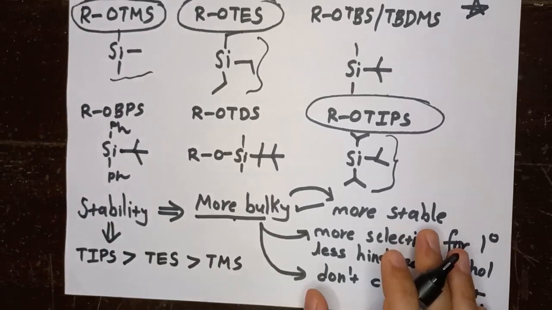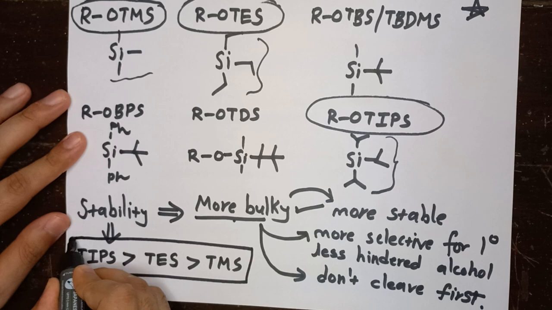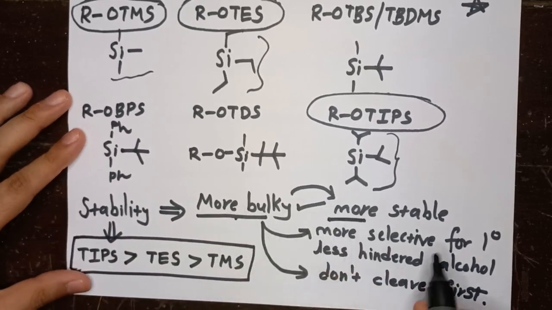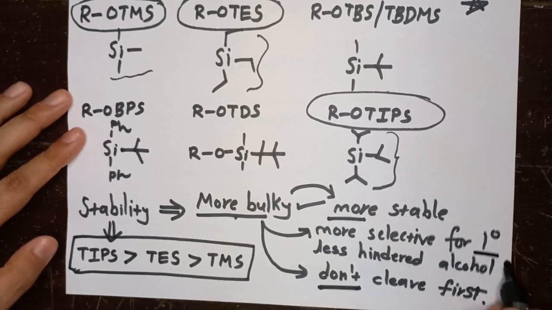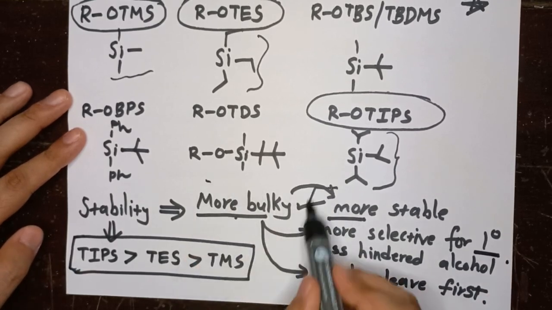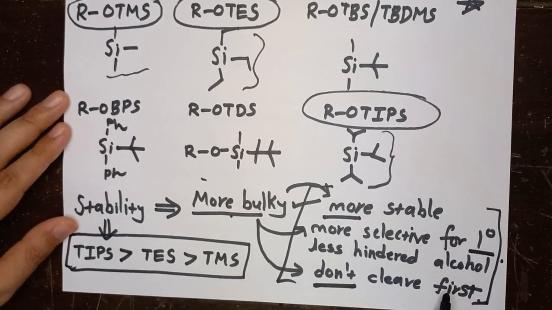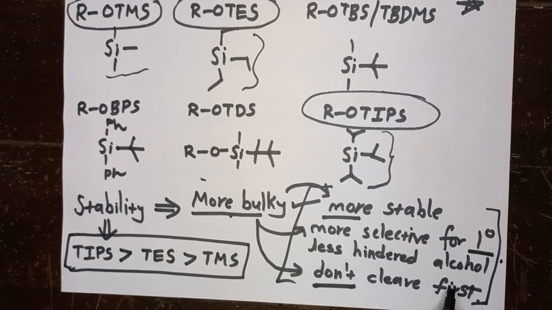Okay, so this is the stability order. More bulky, more stable, and it will not cleave first, and it will be more selective for 1 degree alcohol. So remember these three things very clearly. It will help you in solving practice problems, which we are going to discuss in the next video.